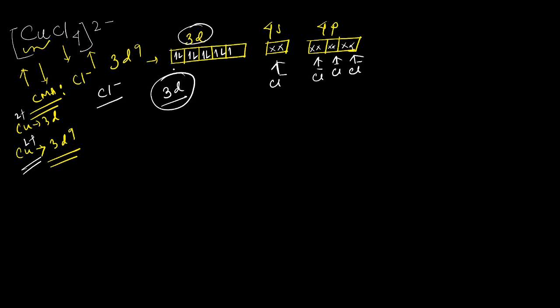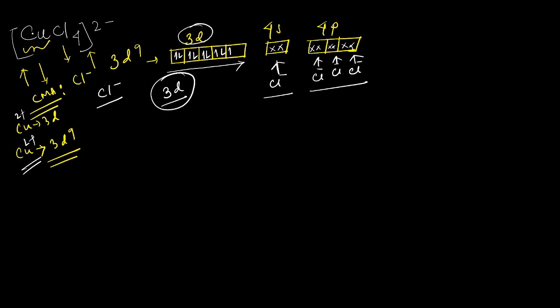All the orbitals of the 3d subshell are occupied, so there is no vacant d orbital here. So Cl minus puts its electron in the vacant 4s orbital and in the three 4p orbitals.